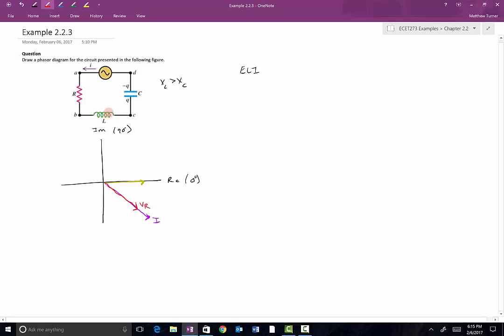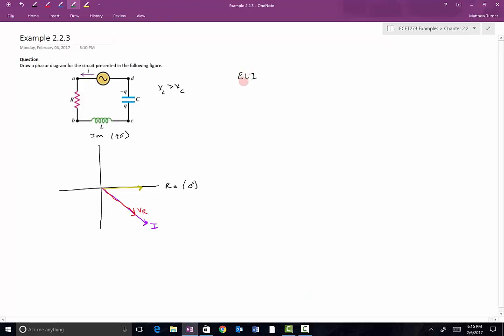Now let's move around the circuit to the inductor here. I know that voltage and current in an inductor are 90 degrees out of phase. The voltage leads the current by 90 degrees in a purely inductive circuit. So we're looking at just this little guy here, a purely inductive circuit. His current is I. His voltage needs to be 90 degrees out of phase with that. So I'm drawing this green. It's a little wiggly, just because my hand's not very steady on this computer.